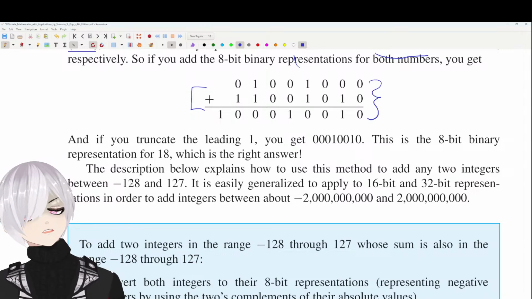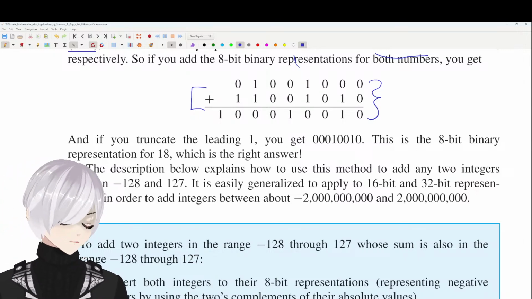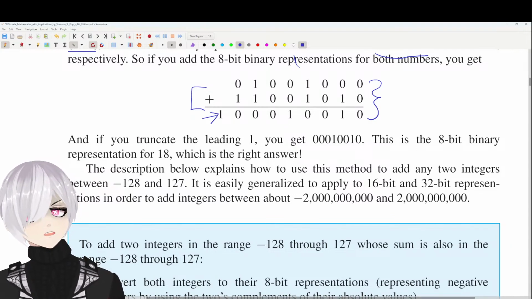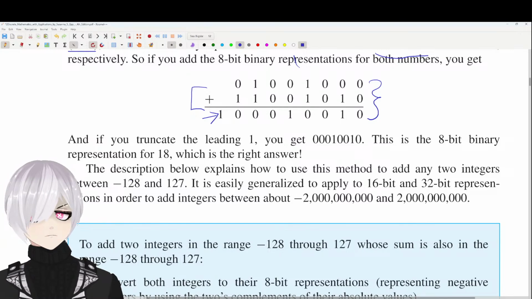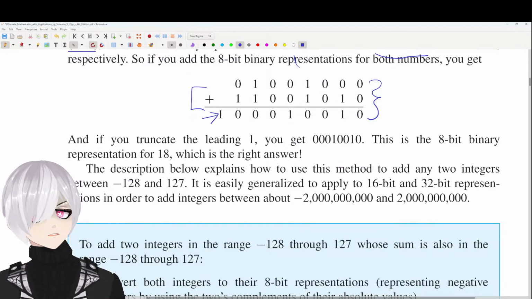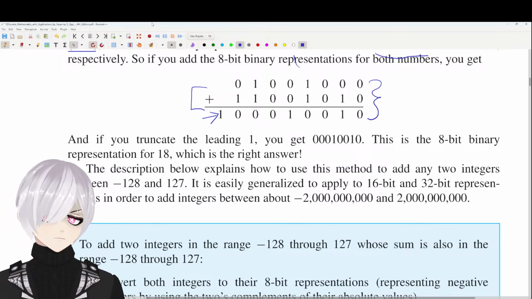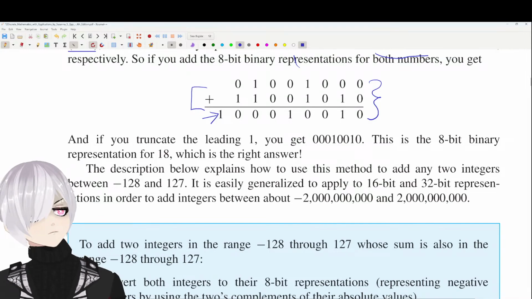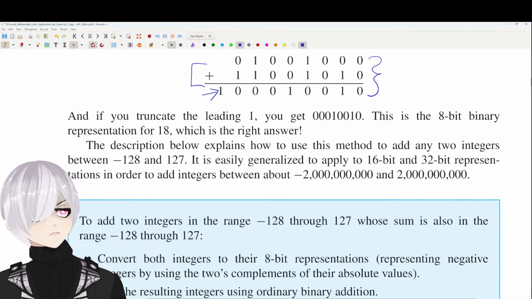So now I kind of appreciate how two's complement can be useful. True. I noticed this one here. Oh, that's okay, because we're adding, so you're sometimes going to end up with a carry. But what about this next part: if you truncate the leading one, you get 0, 0, 0, 1, 0, 0, 1, 0. This is the 8-bit binary representation for 18, which is the right answer.